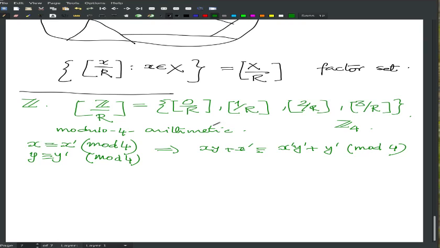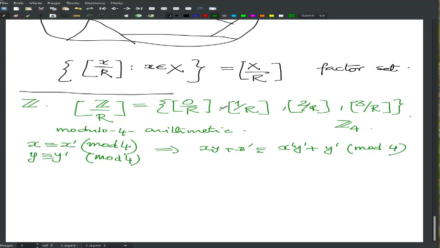But now you observe, when you are in Z4, it has 4 elements, 0 by R, 1 by R, 2 by R. But you see, 0 by R is actually a subset of Z which contains all the multiples of 4.